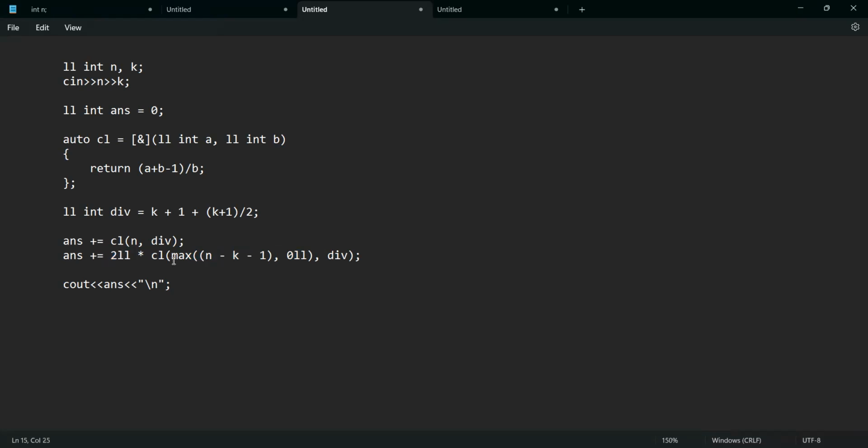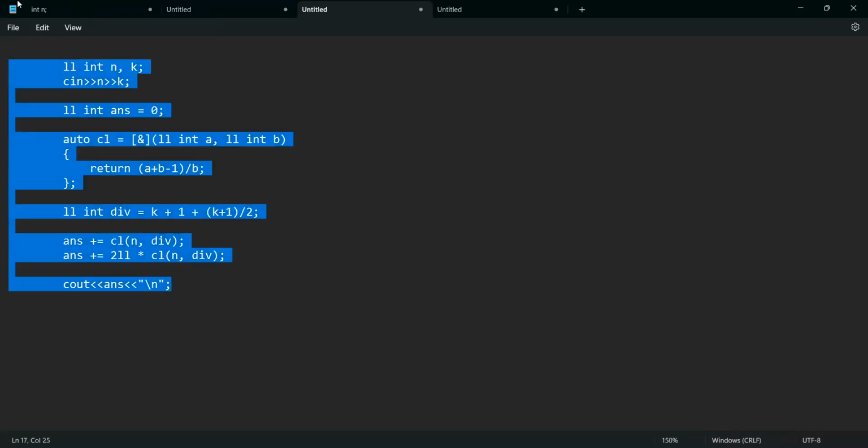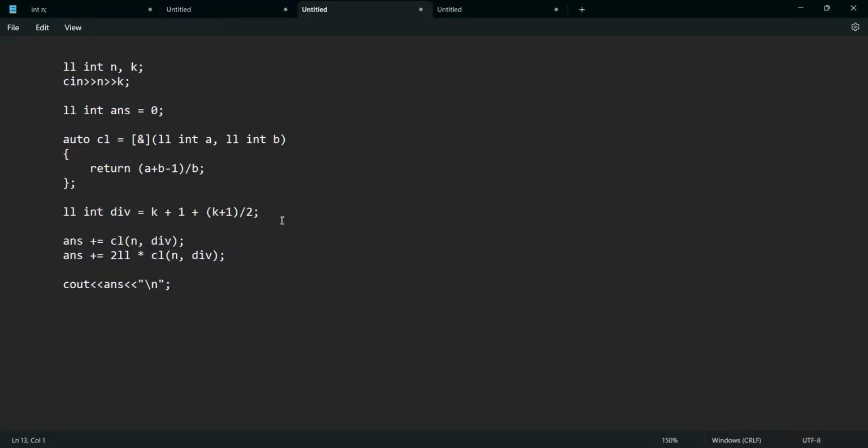Yes, okay, so I didn't look at it, so probably this would also work. And this should also work. Is it clear? Actually I was writing max, as I remember during the contest, I wrote max here also.